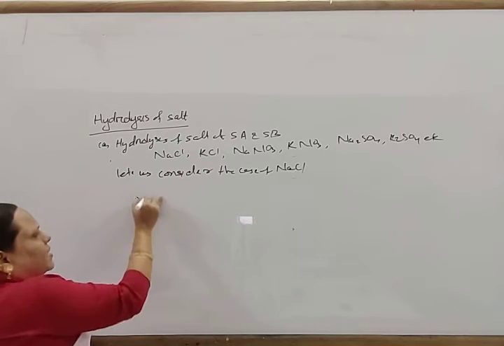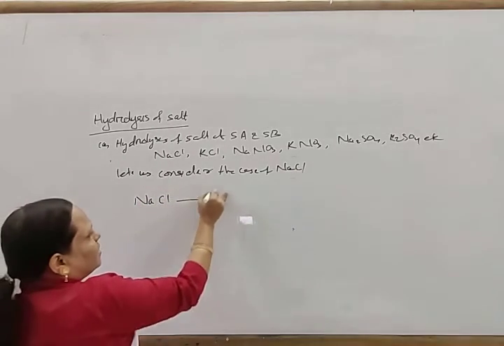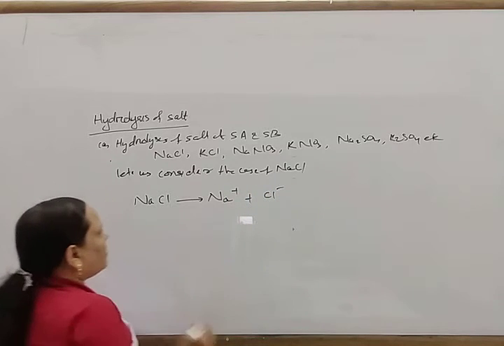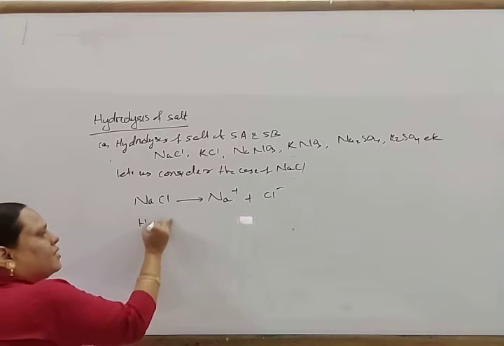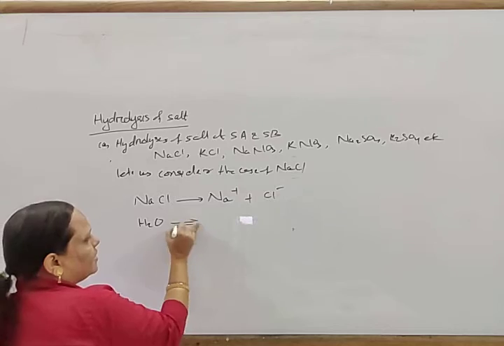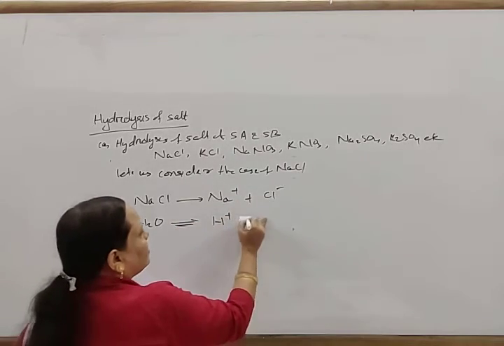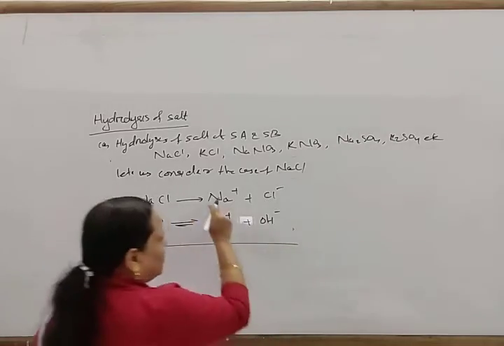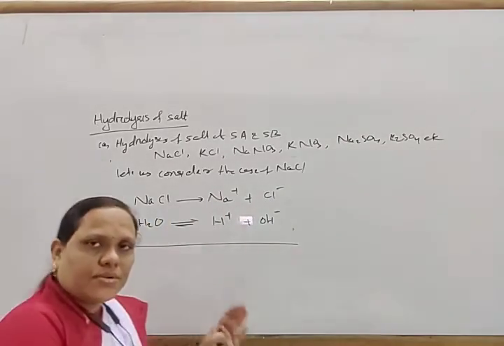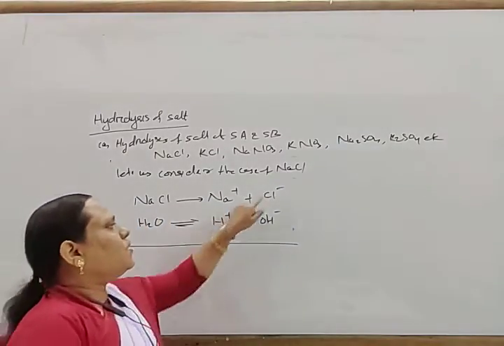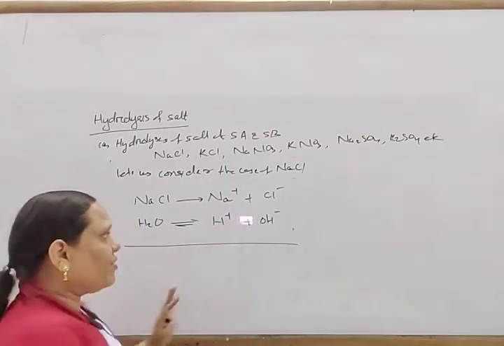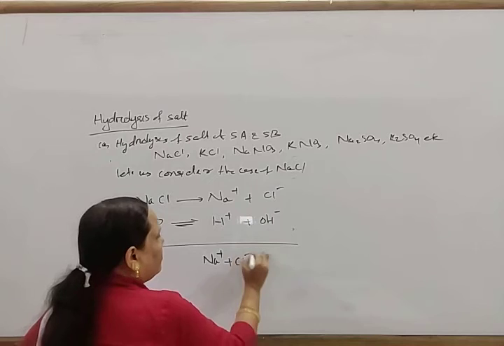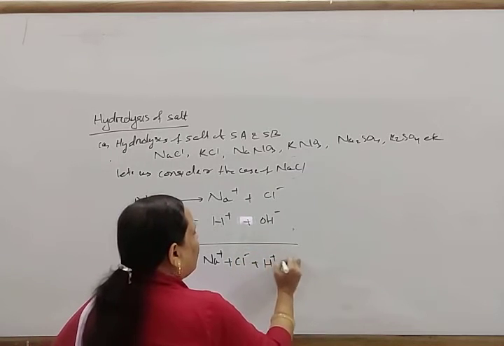Sodium chloride, NaCl, being a strong electrolyte, dissociates to give Na+ and Cl-, and water, being a weak electrolyte, dissociates to give H+ and OH-. These two do not combine, they remain in ionic form. These two also do not combine, they remain in ionic form. The resulting solution contains Na+, Cl-, H+ and OH-.